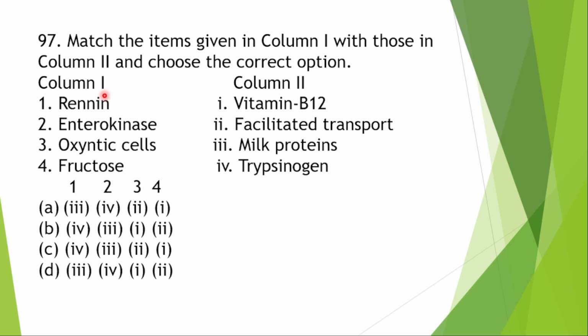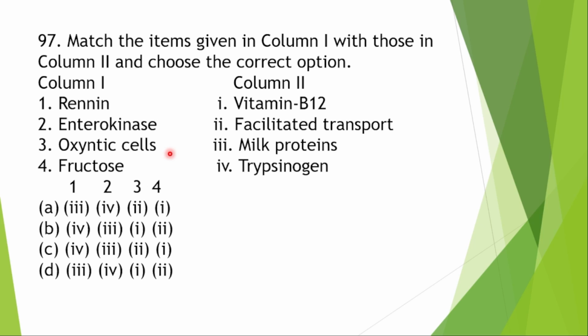Next, 97th question. Match the following column 1 with column 2. Renin is for milk protein, whereas enterokinase is for trypsinogen. Oxyntic cell is for vitamin B12, and fructose is facilitated transport.